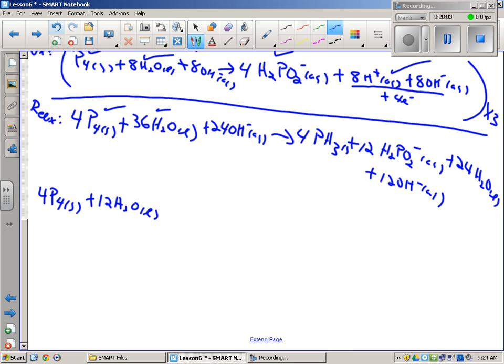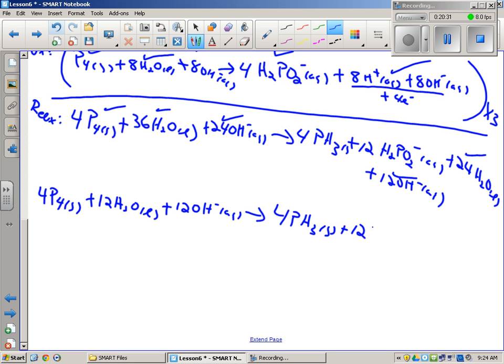So that's that, that, and that. 24 hydroxides here, 12 hydroxides there. So that is 12 hydroxides, yes? So that takes care of these two things. And then I got the 4 PH3 solid.